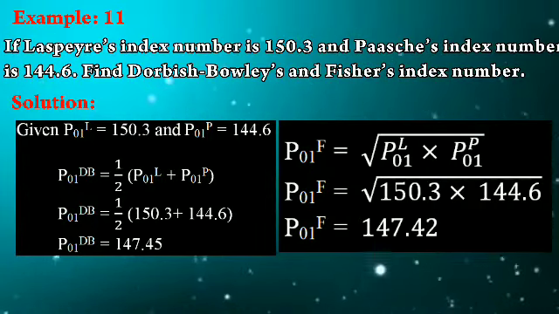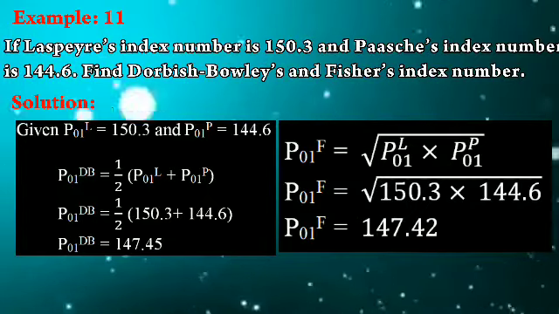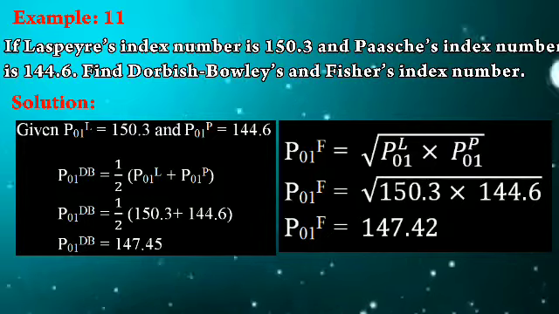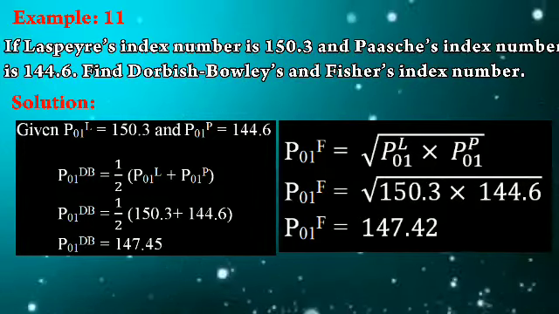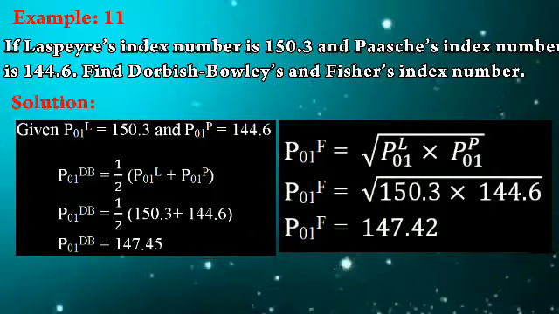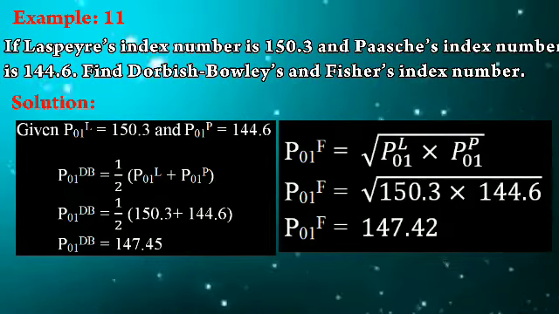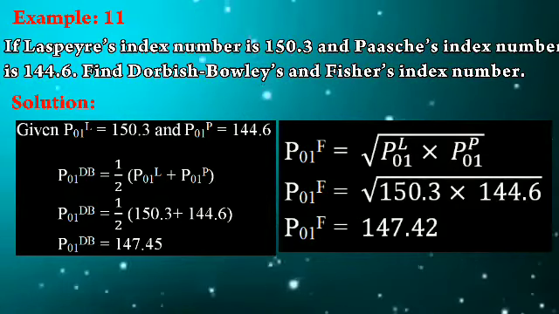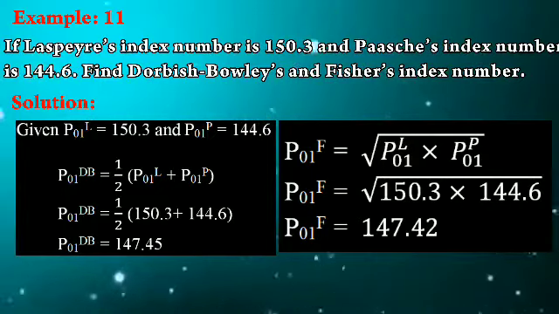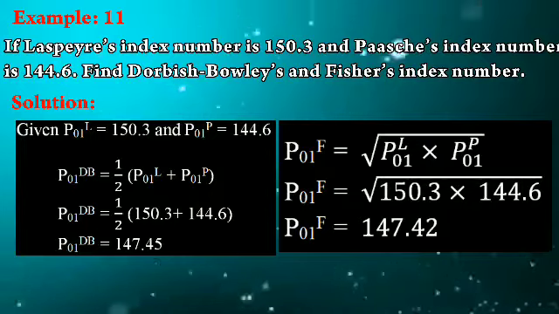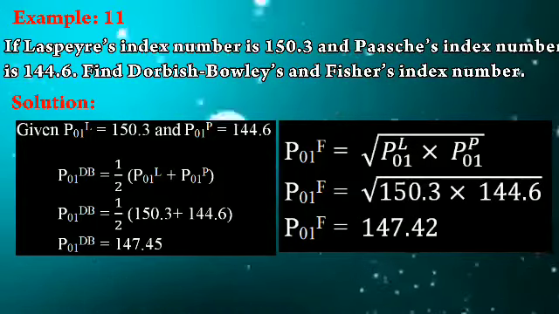So the next one is Fisher's price index number. P01 of F equal to square root of P01 of L into P01 of P, because Fisher index number is the geometric mean of last year's and past year's. So substitute in the formula, that is equal to square root of 150.3 into 144.6.